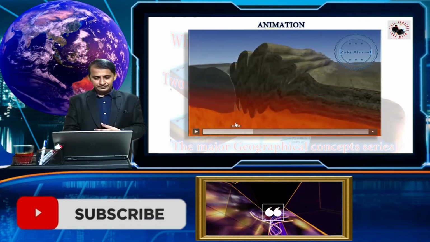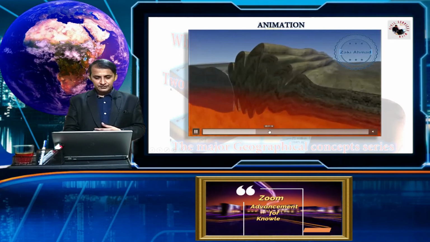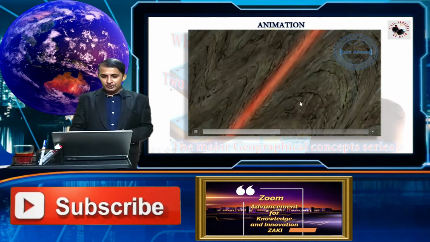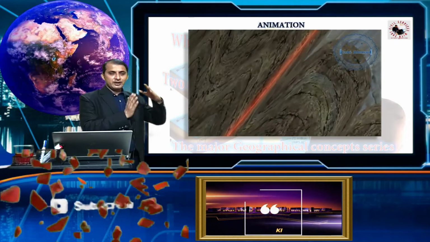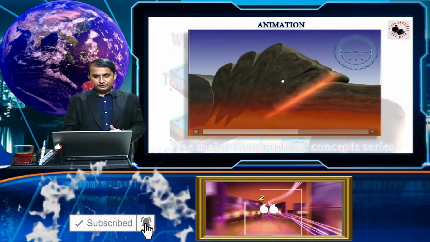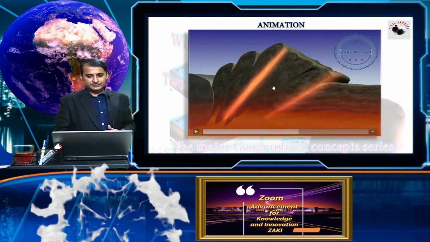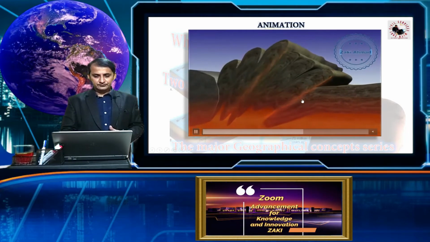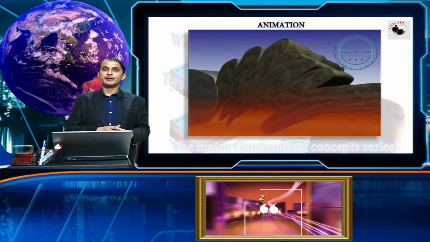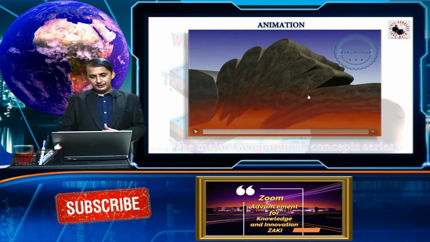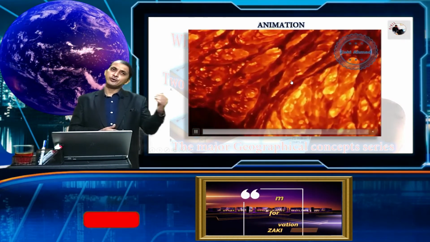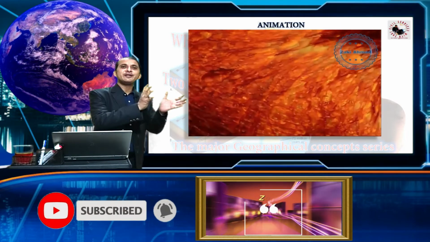See here, this type of breaking. After that, they ride over each other and slide. Some of the lithosphere goes into the asthenosphere and melts. About 20 million years ago, a conveyor belt formed in the Himalayas.